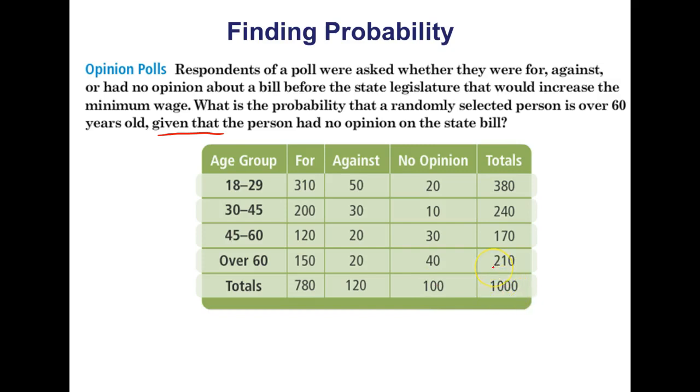Well, the group of people that are over 60 is the bottom row here, this 40. Out of, given that they had no opinion, out of the 100 people that had no opinion. So our answer here is 40 over 100, or 40%, or in terms of a decimal, that would just be 0.4.